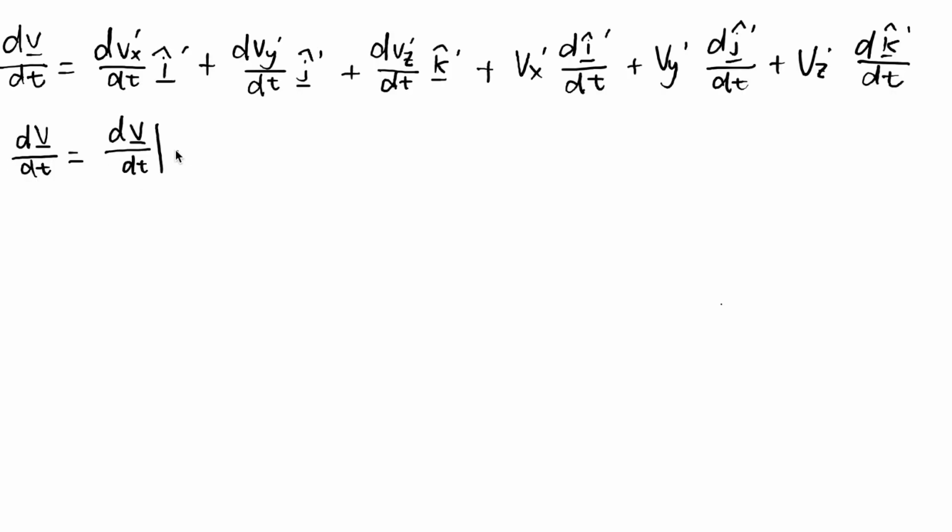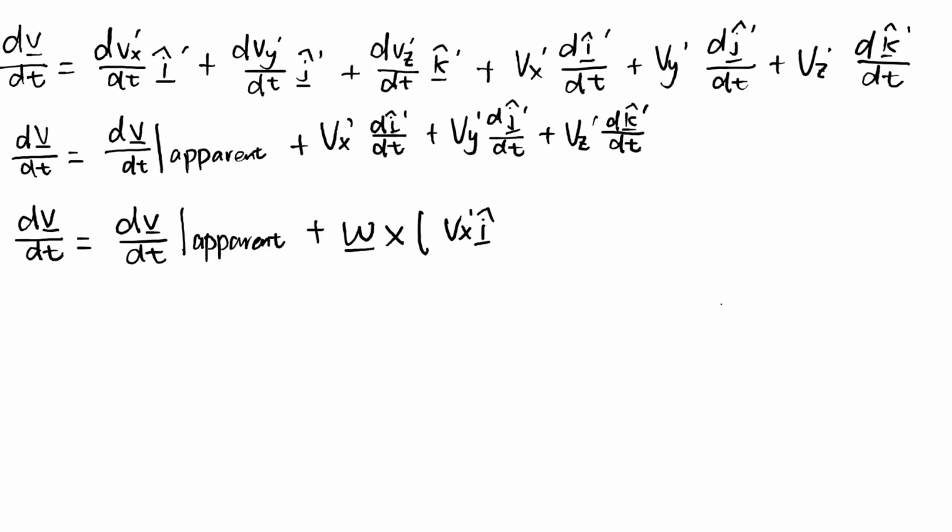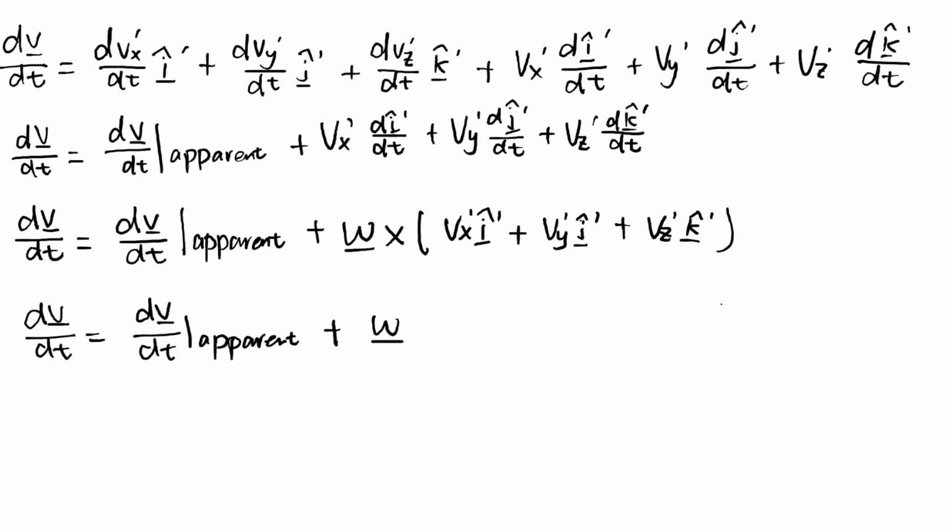We can simplify this by realizing that the first part is perceived acceleration. Applying the identity dr by dt is omega cross r to the second part gives us omega cross v dashed x i hat dashed plus v dashed y j hat dashed plus v dashed z k hat dashed. We already know that this is just the vector v in the rotating frame, so dv by dt equals dv by dt apparent plus omega cross v.